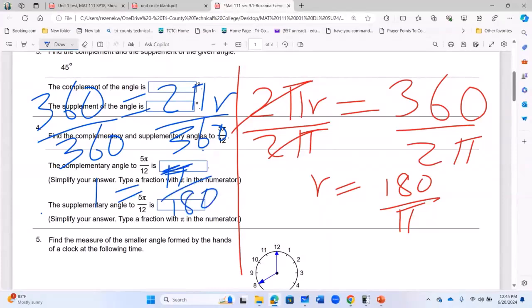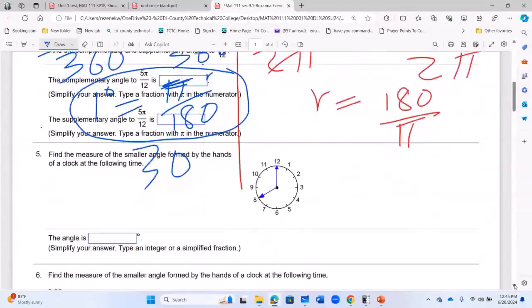So 1 degree is equal to pi over 180 radian. I can put a small r there to show it's radian. What I'm trying to say is that if you can remember this, whenever I'm told to convert 30 degrees to radian, all I have to do is multiply 30 degrees.